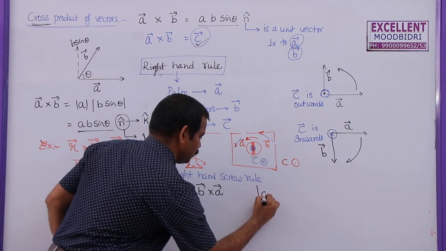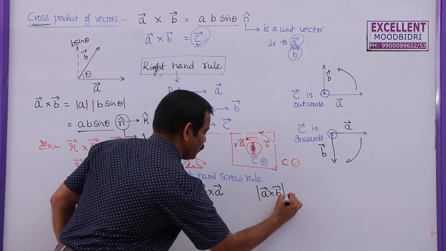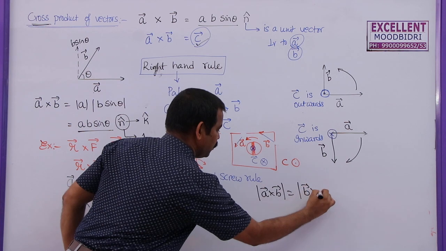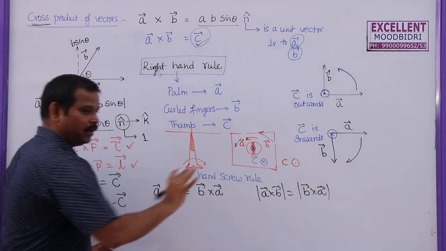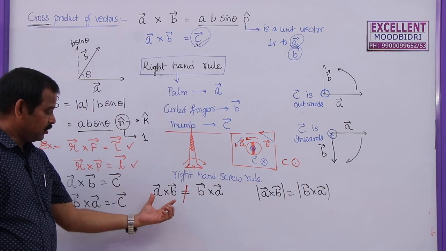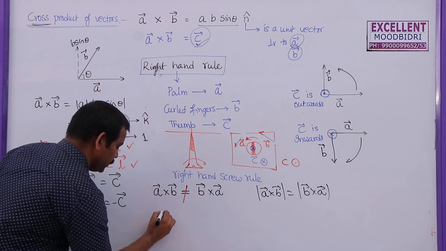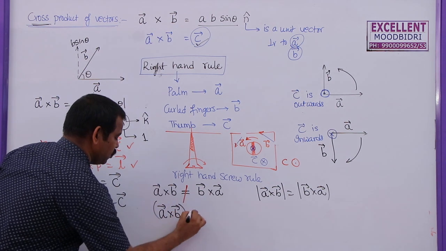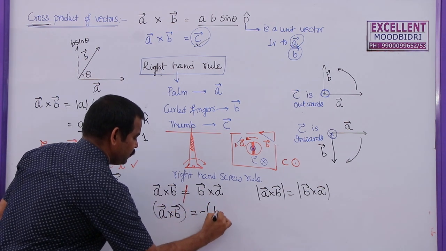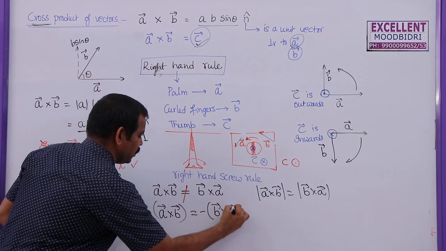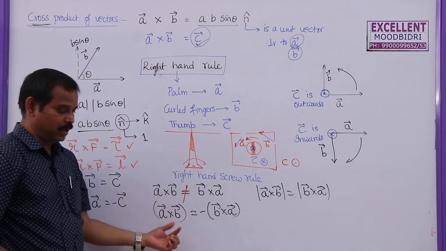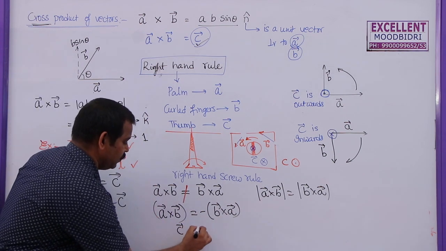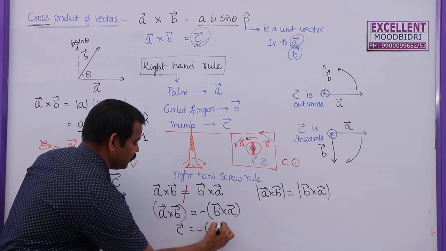Similarly, A bar cross B bar magnitude is equal to B bar cross A bar magnitude. Magnitude wise this is okay, but direction wise these are different. But what we can write, A bar cross B bar is equal to minus of B bar cross A bar. Why? Because this is C bar, and this will be minus of minus C bar, which is equal to C bar.